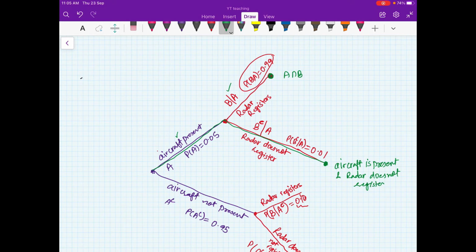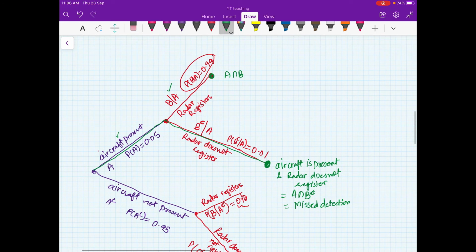So this is A, aircraft is present, intersection B complement. Okay, so this is a missed detection. So we are interested in probability of this event because this is asked to us, right?